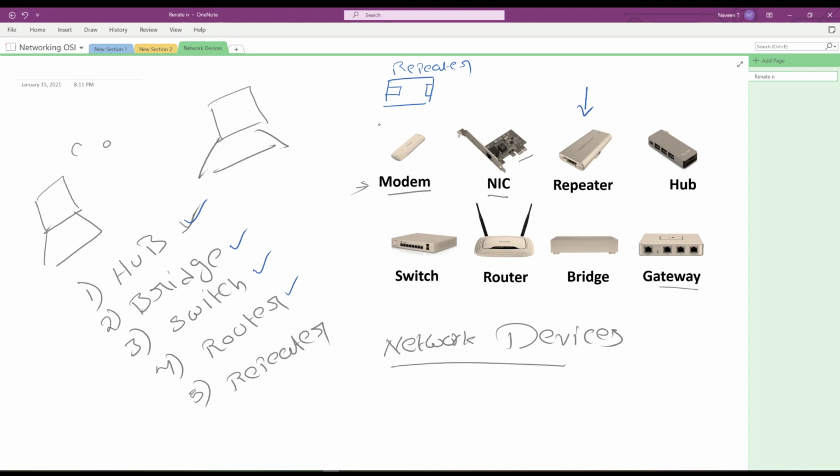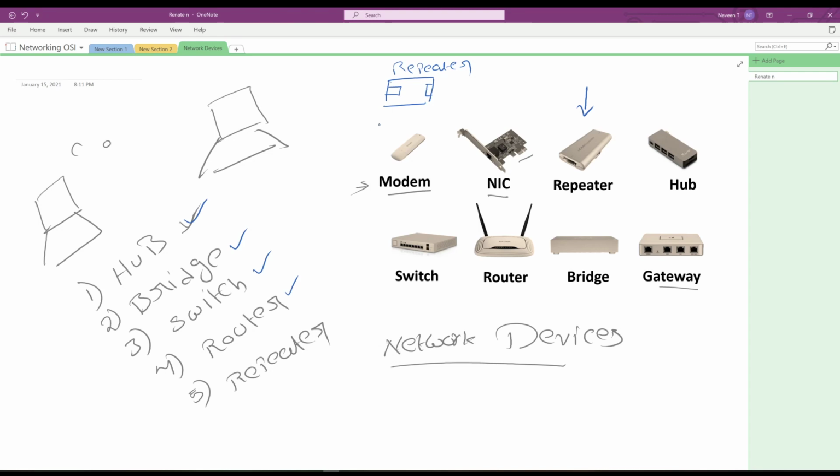Who else uses one? Let's say you are getting a connection from your ISP. They are just using a cable, like cable TV.